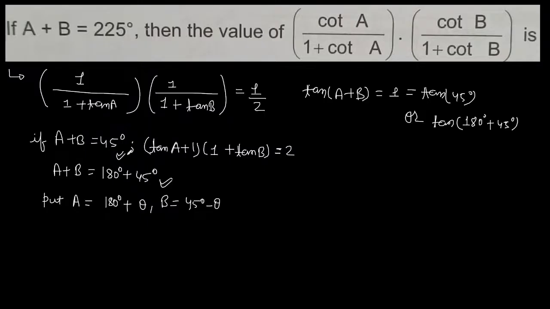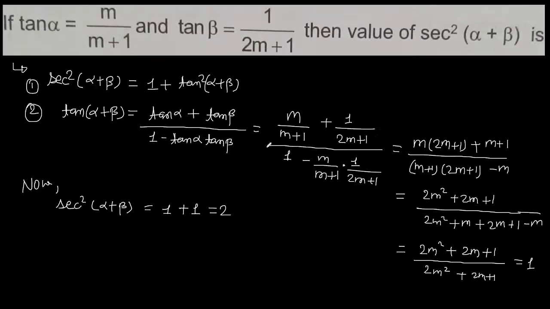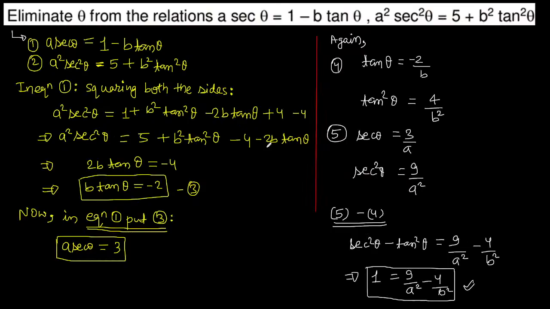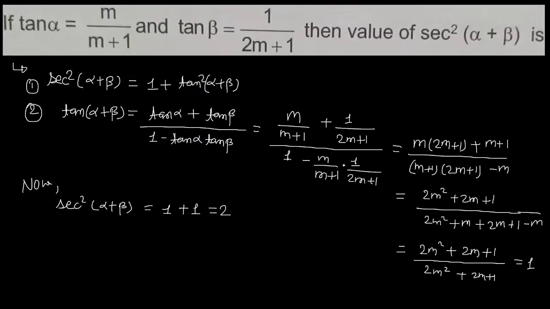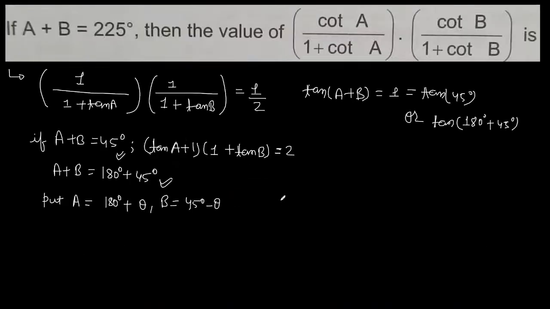In both of them the values are same only. So this is going to be 1 by 2. I think we solved it somewhere here. I'm just showing you. So here we are finally getting A plus B equal to 45 or 225 degree. So this is the repetition of the previous question, so we should move ahead.